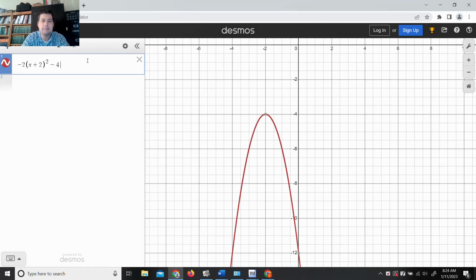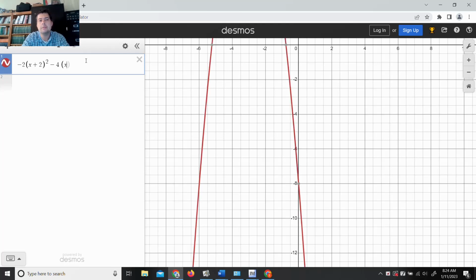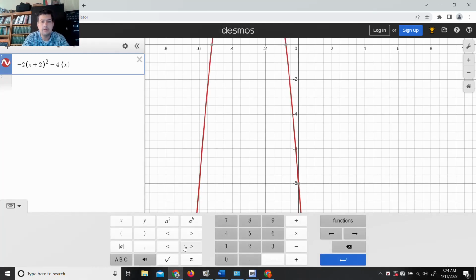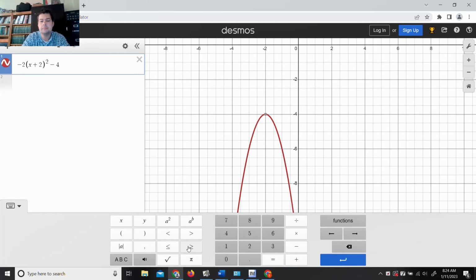It's been a while since I've used Desmos. I think I have to use that. Maybe I do parentheses. X, need my keypad, greater than or equal to 2. Oh, that's not it. Forgot how you set domain in Desmos. Try curly braces.